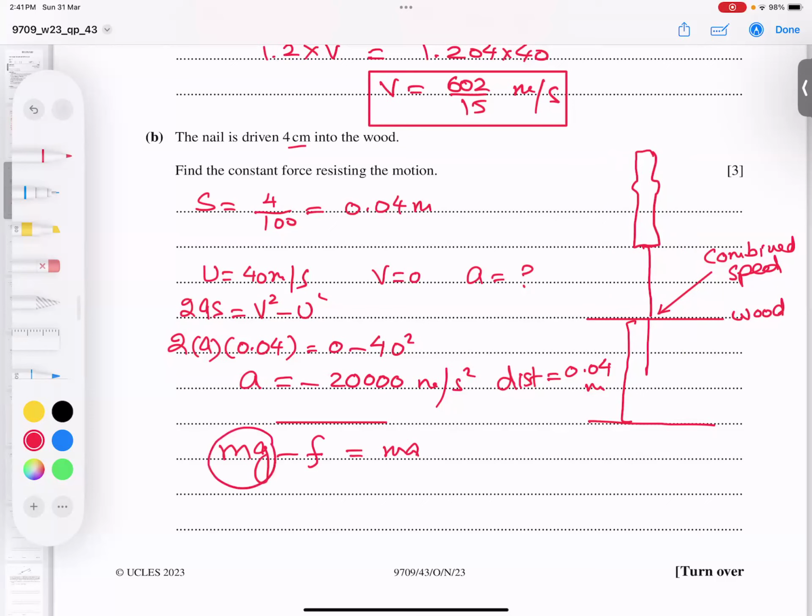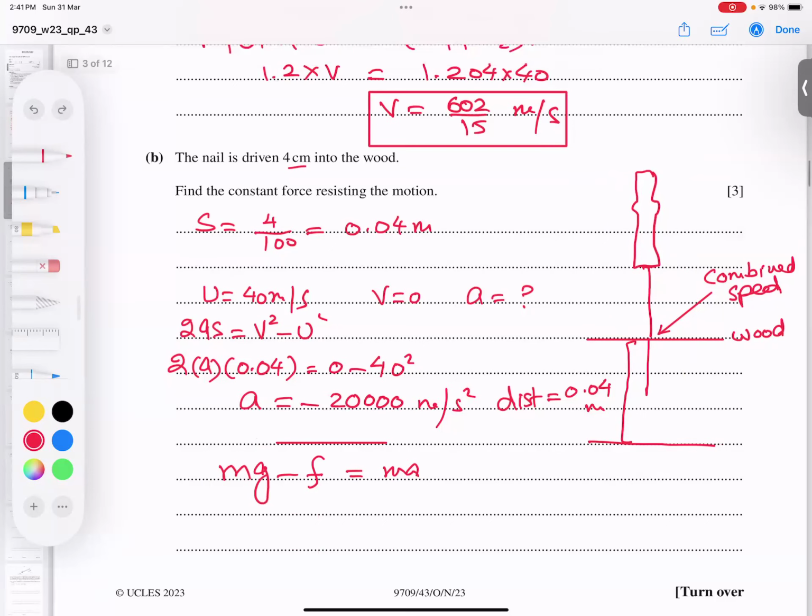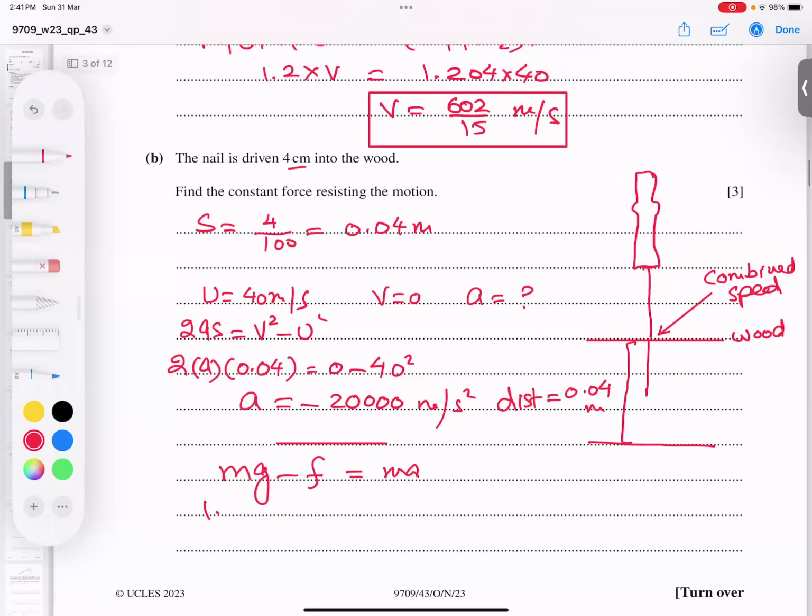So the total mass of the whole object is 1.204, and mg is 1.204 into 10, which gives the total weight. Friction force is unknown, mass 1.204 into negative 20,000. Students, just type it in the calculator and find it.